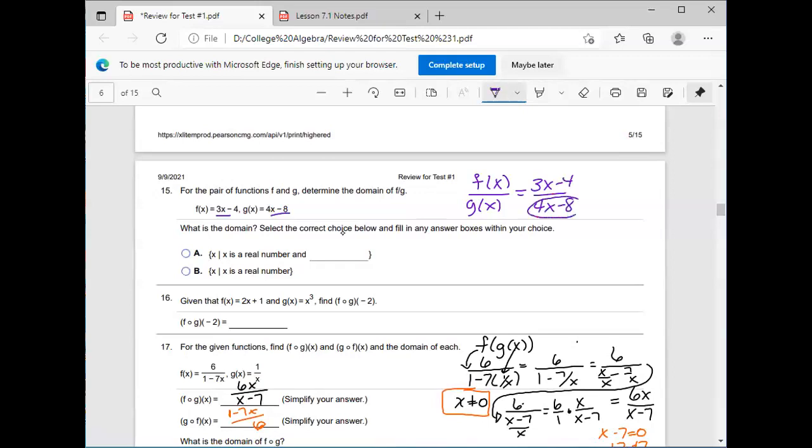So we've created a fraction. So now the problem is going to be when 4x minus 8 is equal to 0. So we would add 8. We would get 4x is equal to 8, divide by 4. And so x can be anything else, but it cannot be 2, because we've got a problem there now.